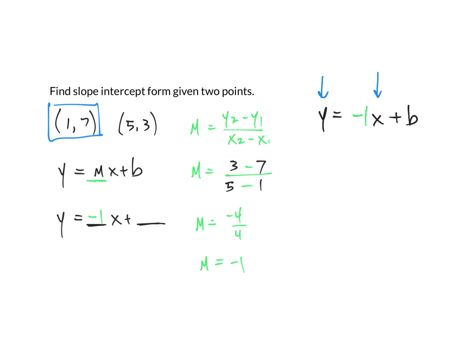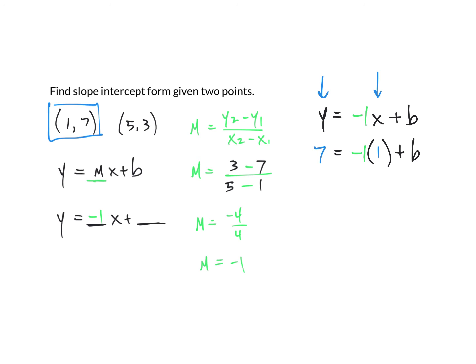So for y, I plug in 7. That is equal to negative 1 times the x value I'm going to plug in, which is 1 from that same ordered pair, plus b. Now I have an equation with one unknown value, and therefore I can solve for it.